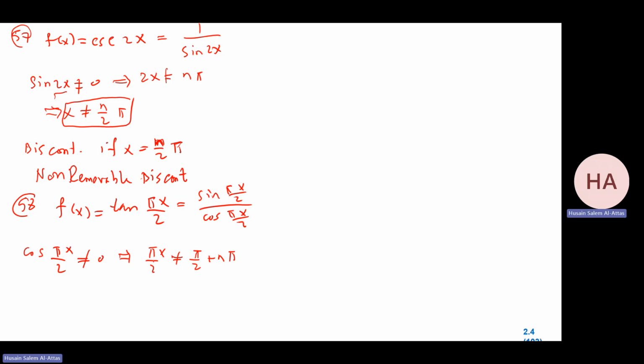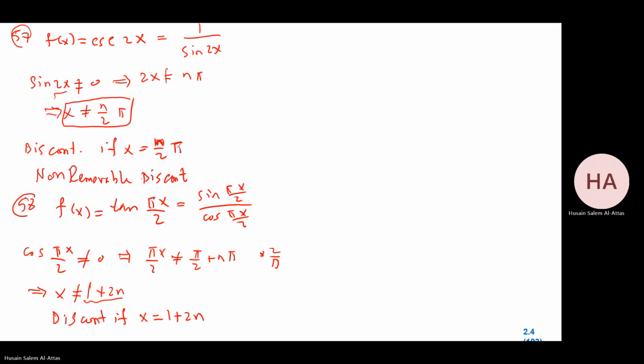Now multiply by 2 over pi, and you have x not equal to 1 plus 2n. So if x is an odd number, for sure we'll have a discontinuity. So the function is discontinuous if x equals 1 plus 2n.